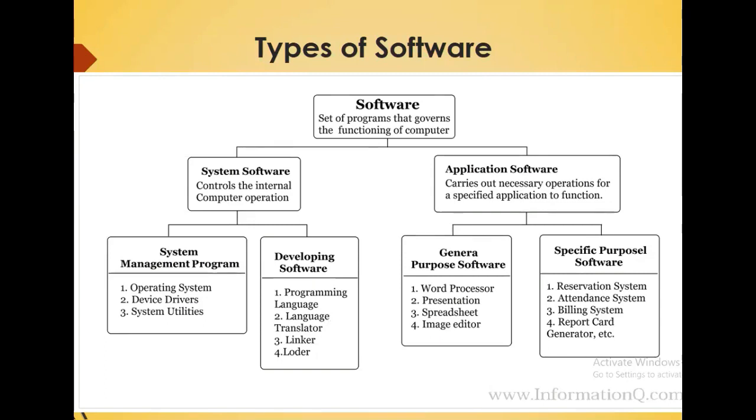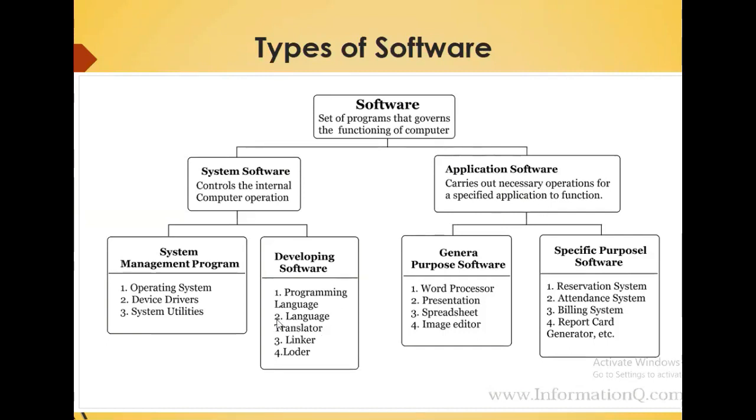What is a language translator? When you are using any high level programming language, as I said in the previous slide, you are using your natural language, English. The computer cannot understand your natural language, the words or sentences that you write for coding any application or software.